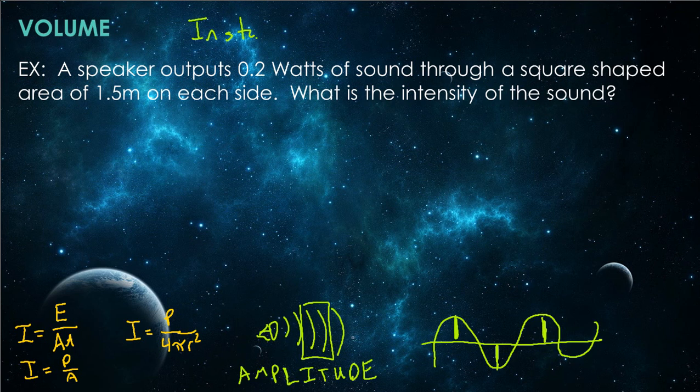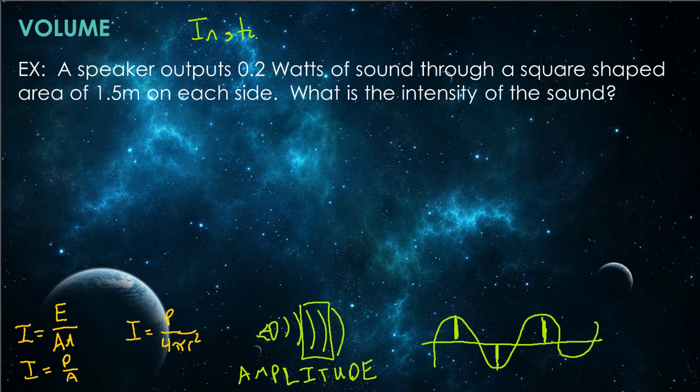So the taller, the more intense, and the more power that goes through that area, the more intense the wave is. I shouldn't have said that the more waves that go through, because that would be frequency. It's just how much power they're carrying as they go through that area that has to do with intensity.